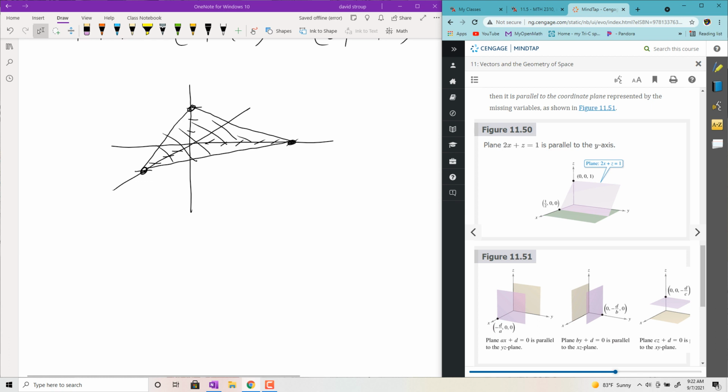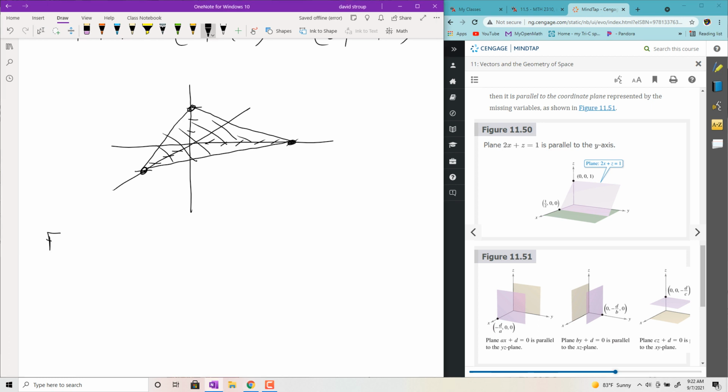And then they have, you know, 2x plus. So what happens when you have one that's parallel to a coordinate plane like that? Maybe that's kind of the issue, because then you're not able to get that third point. Sure.